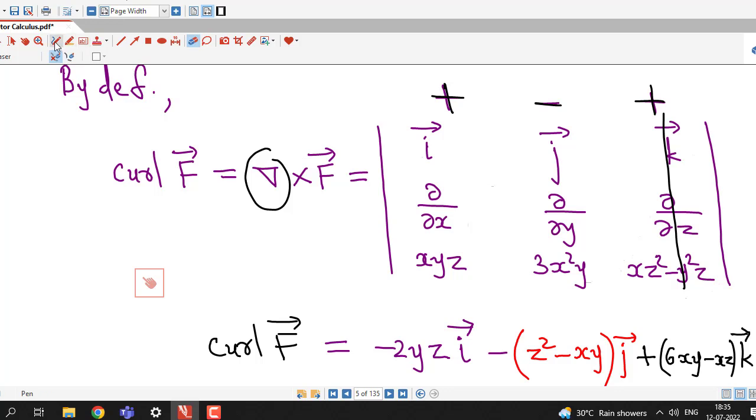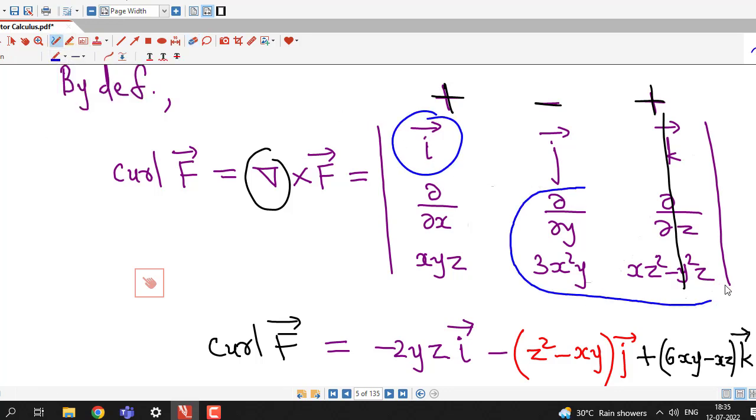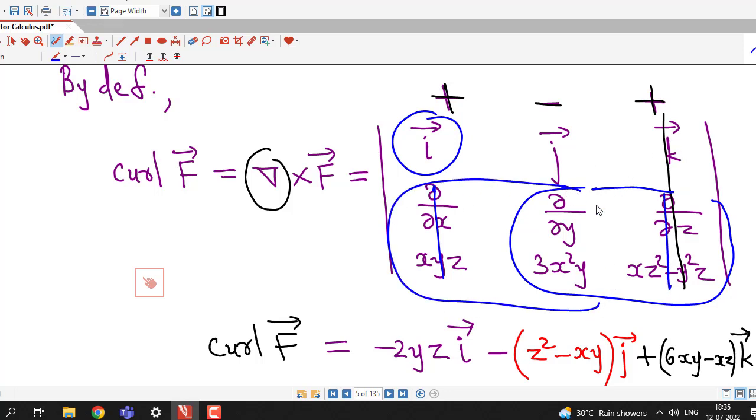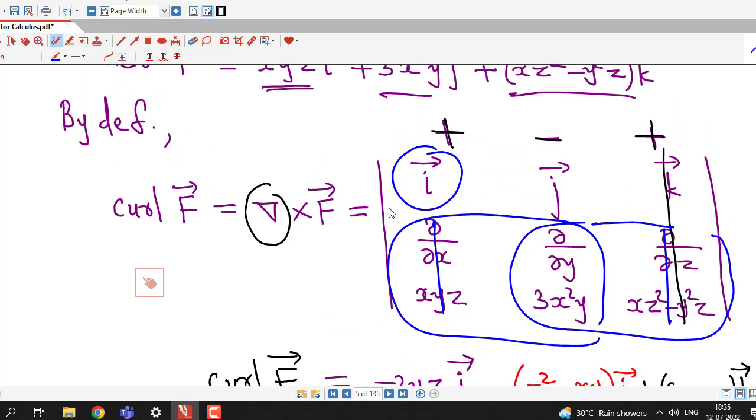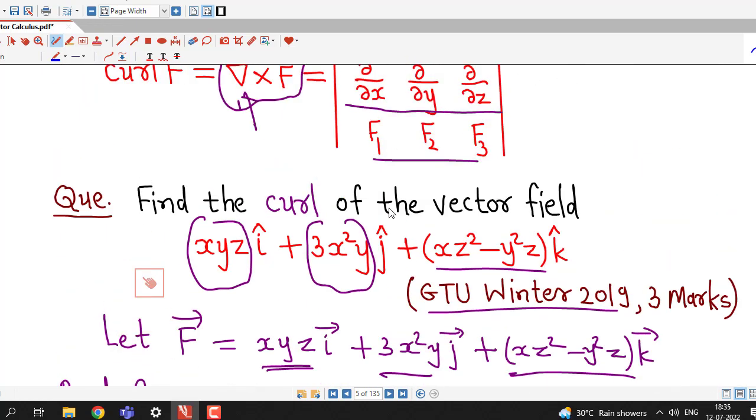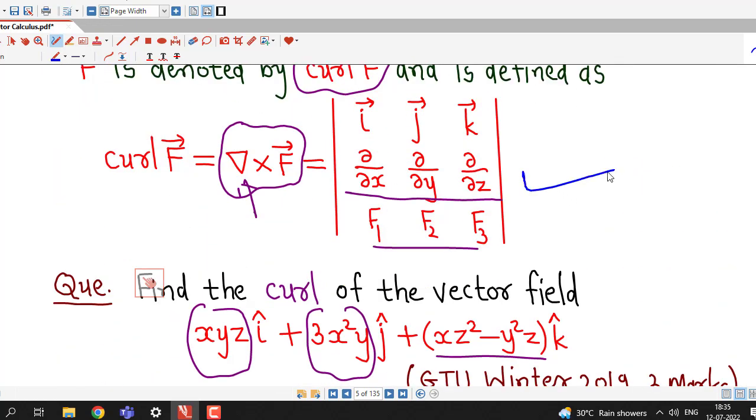First we have taken i into determinant of this quantity, then minus j into determinant of this quantity, and then k into determinant of this, and we have used the definition of partial derivatives. So this is simply the curl of given vector field. So you can remember this definition, and using this definition we can easily obtain curl of a given vector field simply by expanding this determinant.